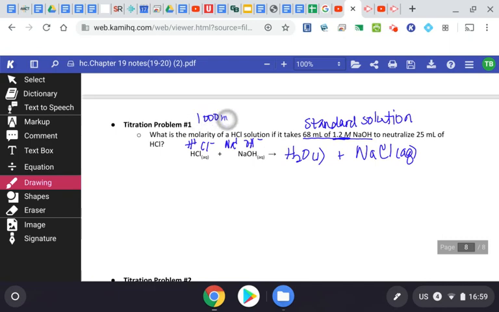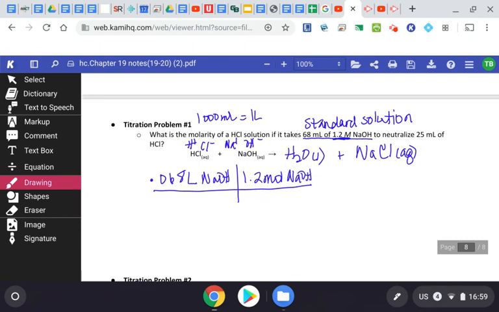So you've got to make sure you convert milliliters into liters by dividing by 1,000. So we're starting with 0.068 liters of sodium hydroxide solution multiplied by its molarity, 1.2 moles per 1 liter. Molarity is moles per liter.